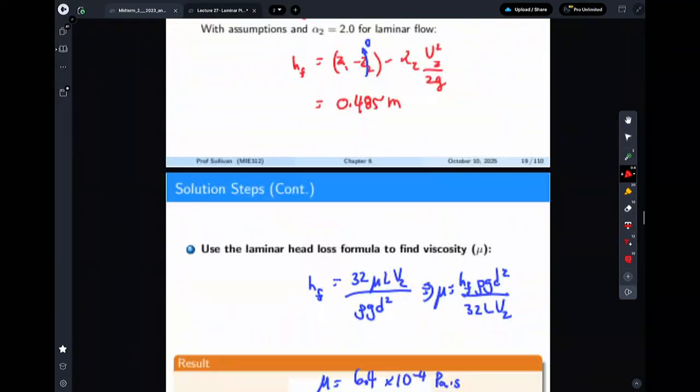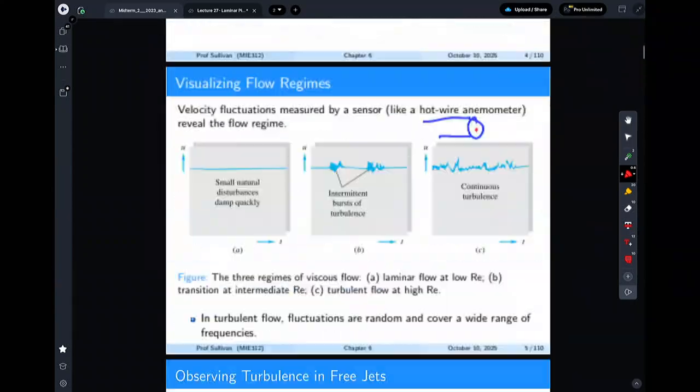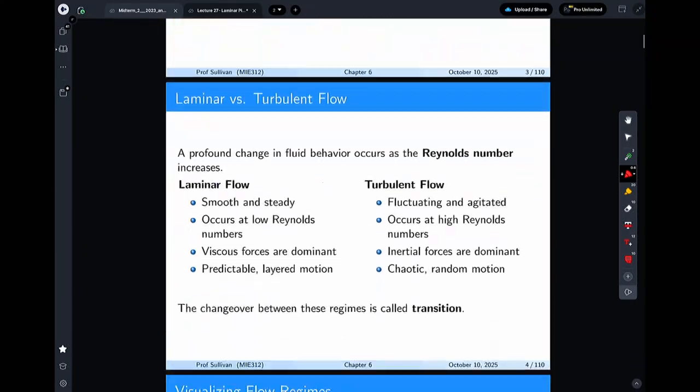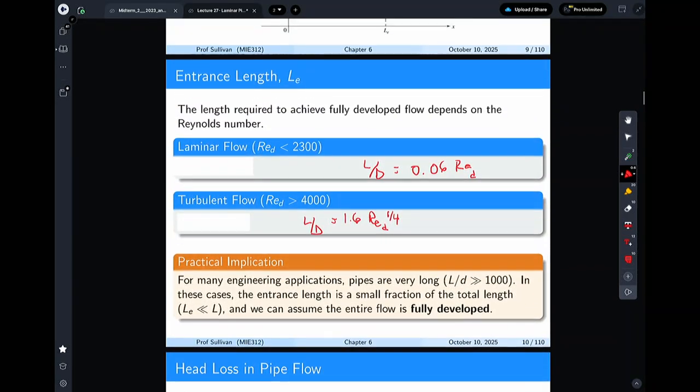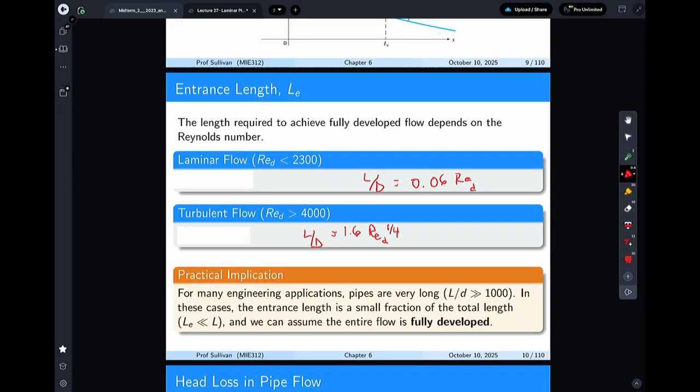All right, so the main point out of this, really quickly, is we're going to spend a lot of time looking at what's happening within these piping systems, extracting out these relationships between length over diameter. And then we're going to start to look at something called a Moody diagram.